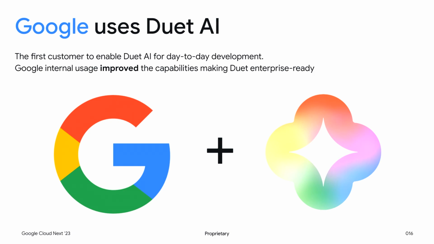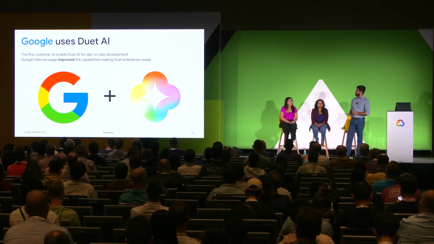The key idea here was having Google be the first customer of Duet helped us build a faster iteration cycle, to see how those capabilities play in the setting of a large enterprise organization, and helped inform our roadmap and our directions for Duet.